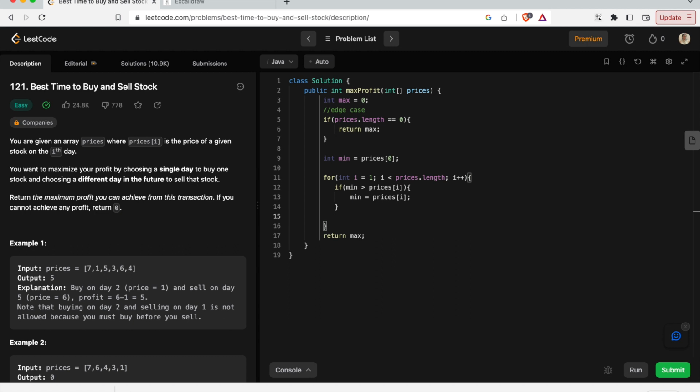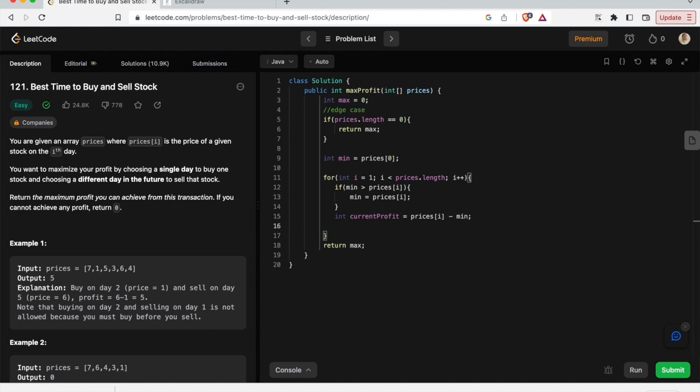Now whenever you have to return the max, you have to compare it, so you will use the Math.max function here. To compare, you always have to calculate the current profit, which you find by doing an operation on the minimum and prices[i]: prices[i] minus minimum.